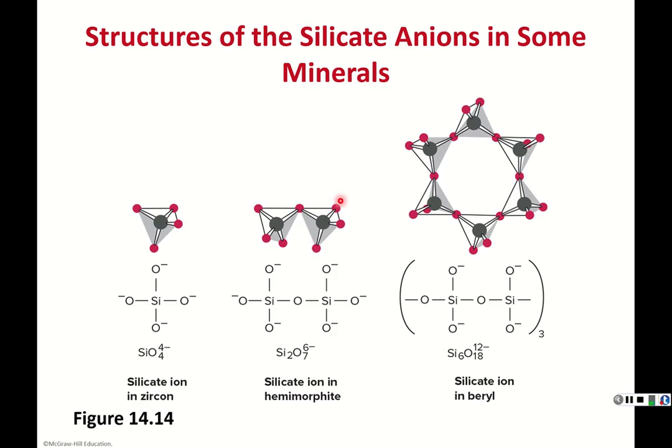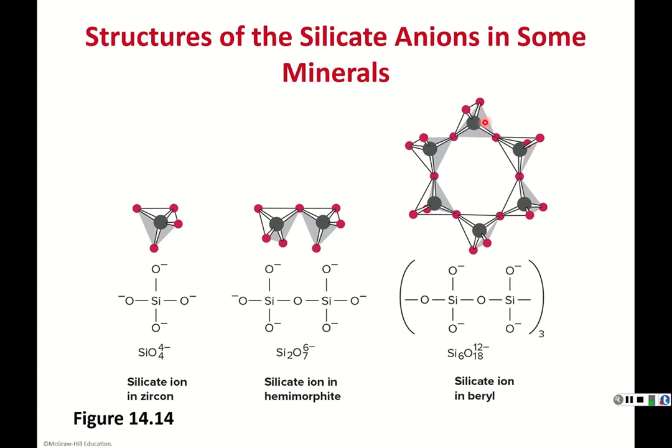Right, here are the structures of some silicates. Right, you have just the basic silicate ion in zircon, and it's 1 silicon and 4 oxygens in that tetrahedral arrangement. These can be linked together via this sort of, not really a bridge bond, but kind of, right, between the oxygen on one and the silicon on another, right?